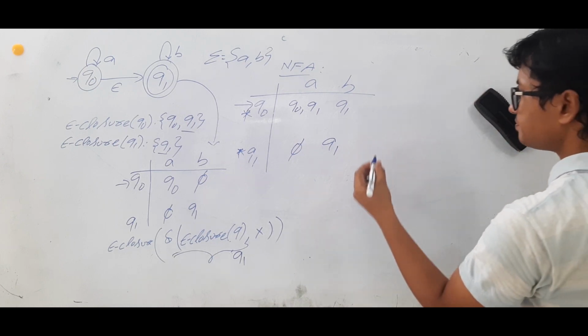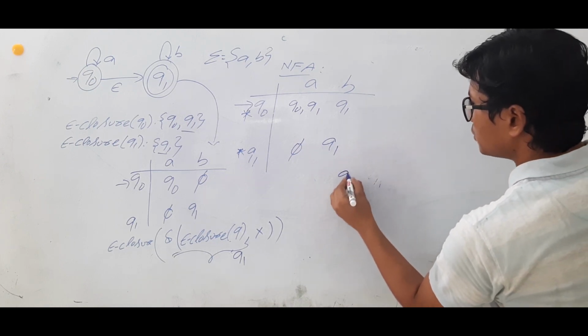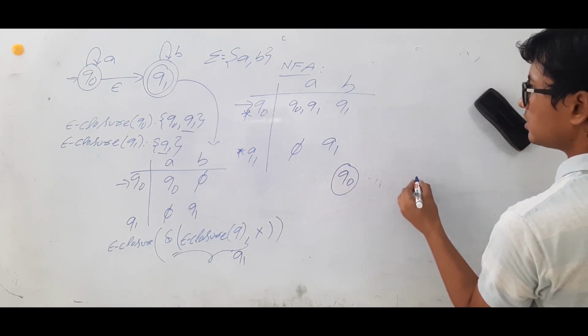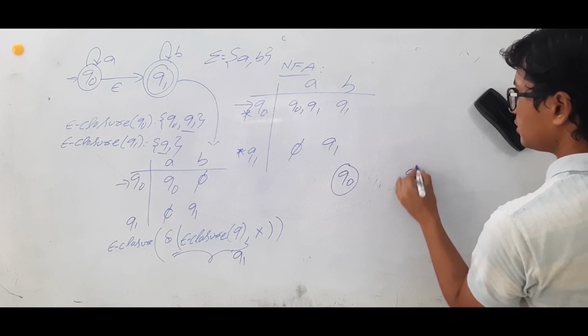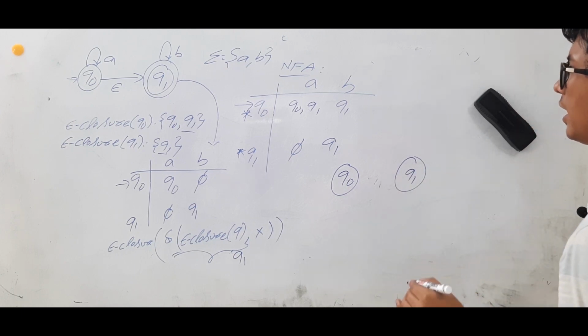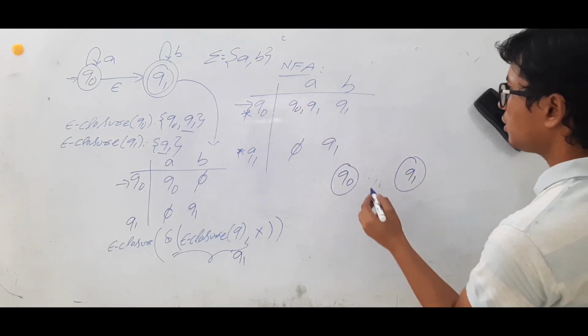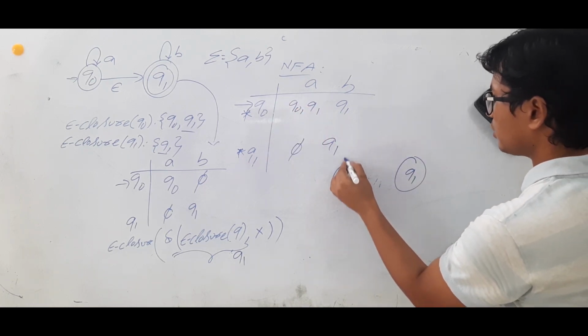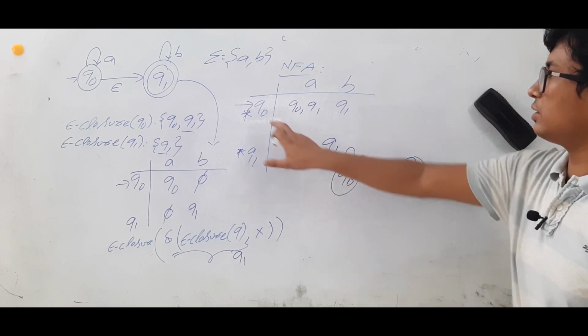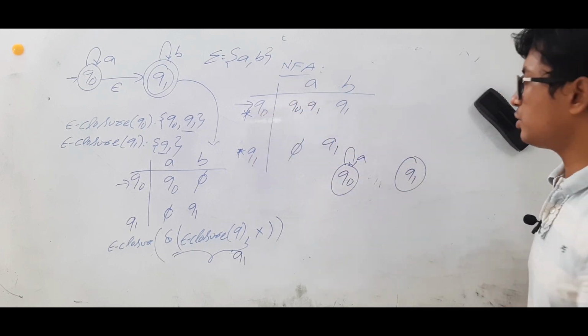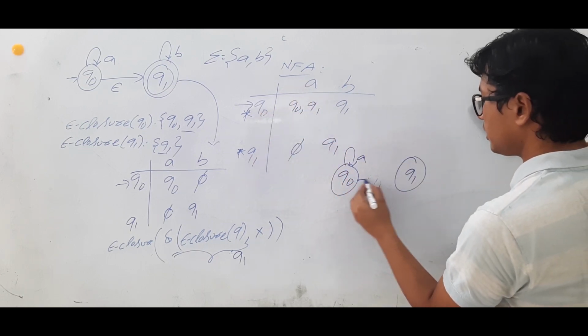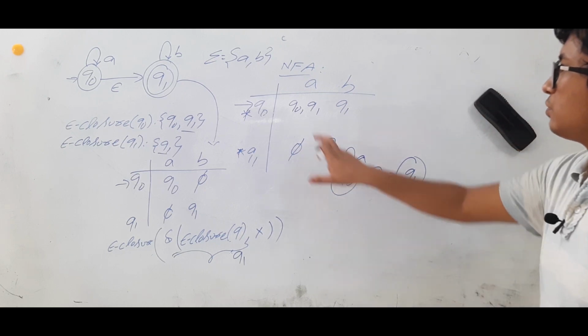Please check it. Q0 you have, Q1 you have, and only these two states are there. Now Q0 on A can go to Q0. Please remember one thing. Q0 on A can go to Q0, and Q0 on A can go to Q1. That is what the meaning is.